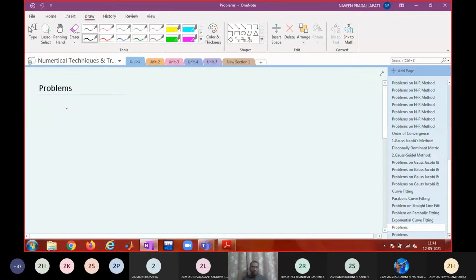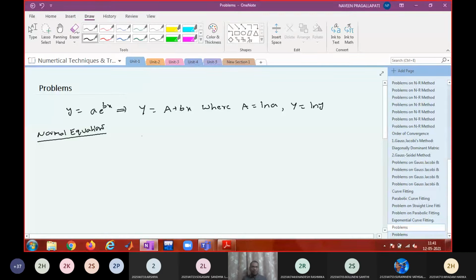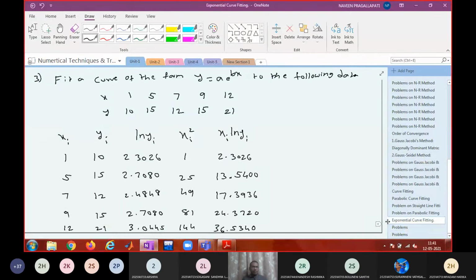So y equal to a e power bx means I'll be writing directly capital Y equal to capital A plus bx, where capital A equals ln a, capital Y equals ln y. Normal equations: how many data points are there? 5, sir.